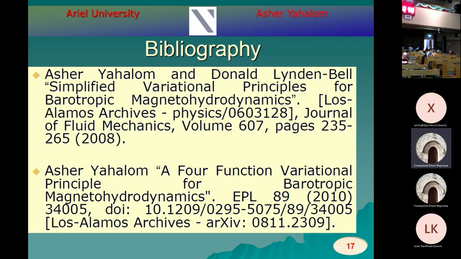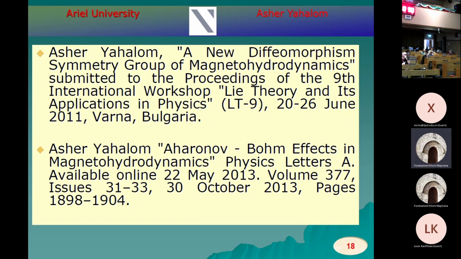So this is a subject to a very long list of papers, starting from a paper with Lynden-Bell in 2008, which involved only barotropic flows, and many others. I just mentioned them because I'm not going to give all the details in a presentation talk.